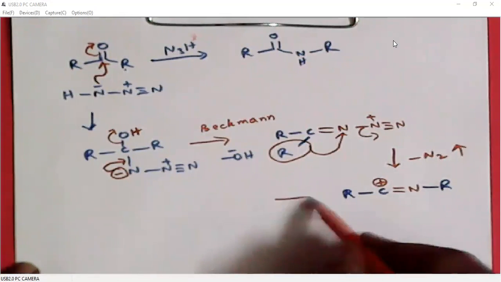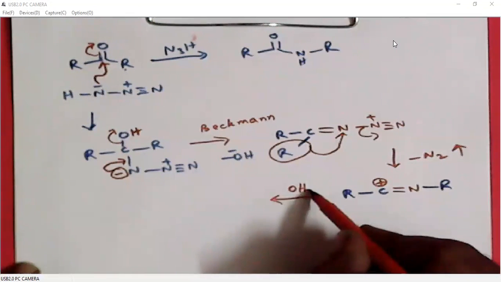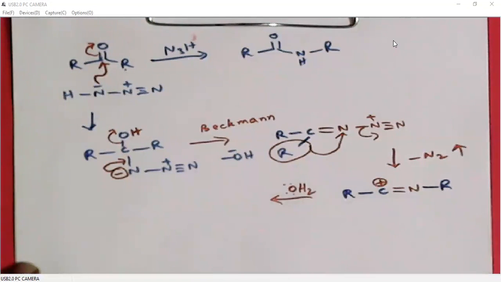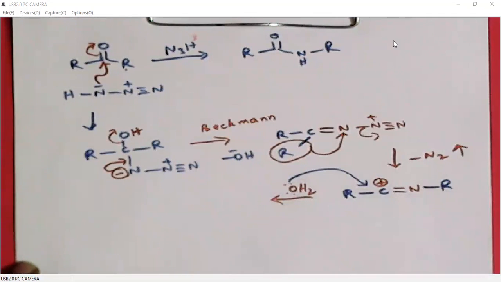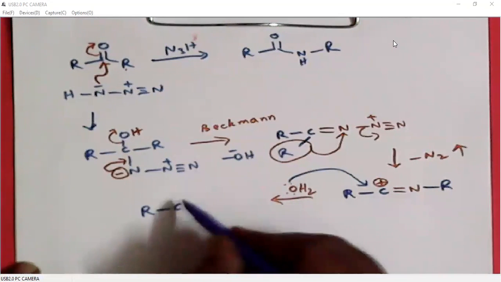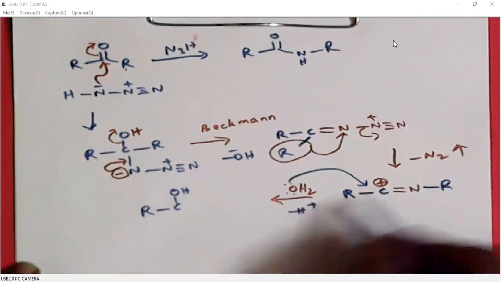Now this positive charge will take the water. It will take the water so that it becomes R C OH. Of course, I am also writing the loss of proton.